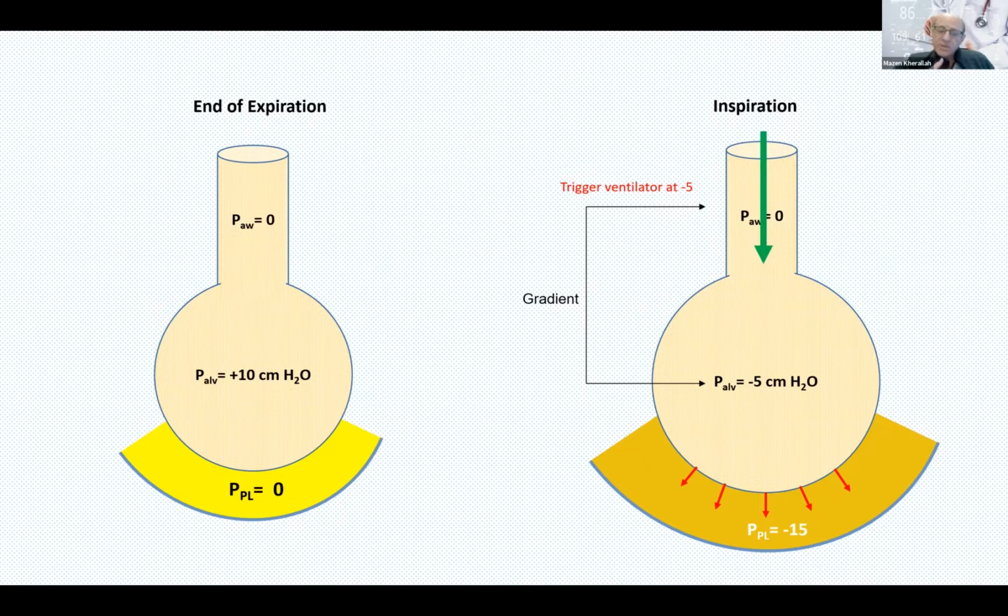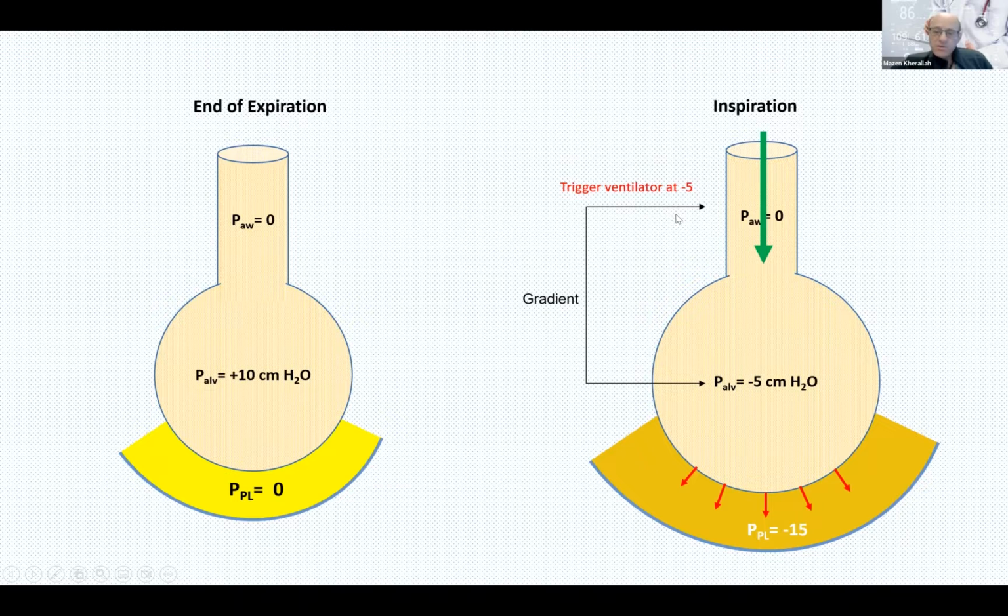This is an interactive session. If you have any question, please stop me and I'll be more than happy to explain further. So you need to differentiate between the spontaneous breath that will happen no matter what if the patient drops the pressure. However, the patient does not trigger the ventilator till he reaches the trigger threshold.